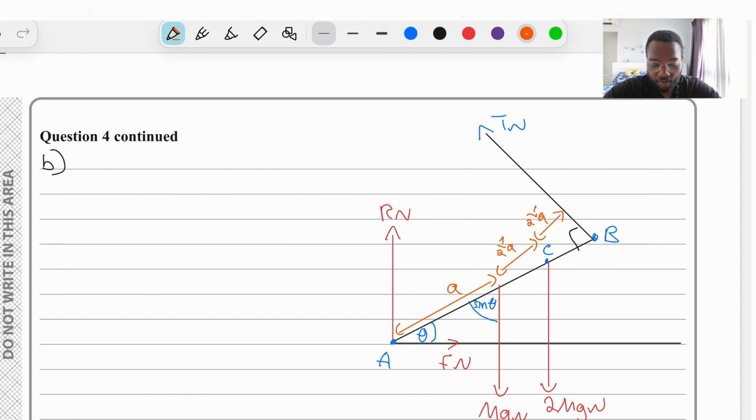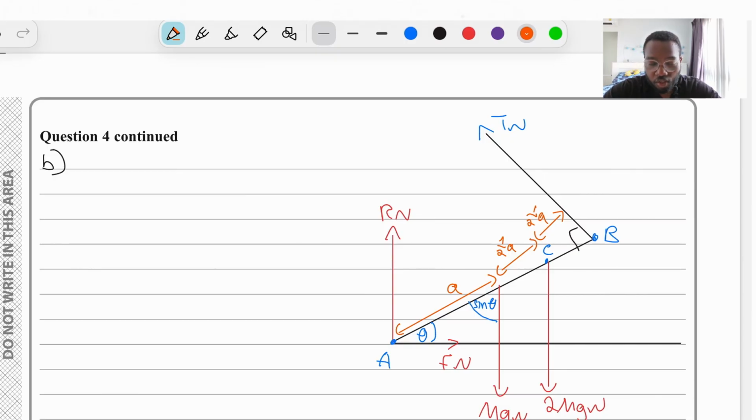If we were to resolve vertically right now, we'd have T cos or sin theta plus R, and that would equal 3mg. But we have two unknowns there. That doesn't help us figure out what T is. So that's a clue that if you have too many unknowns, it's always best to take moments at a certain point where you can eliminate as many unknowns as possible.